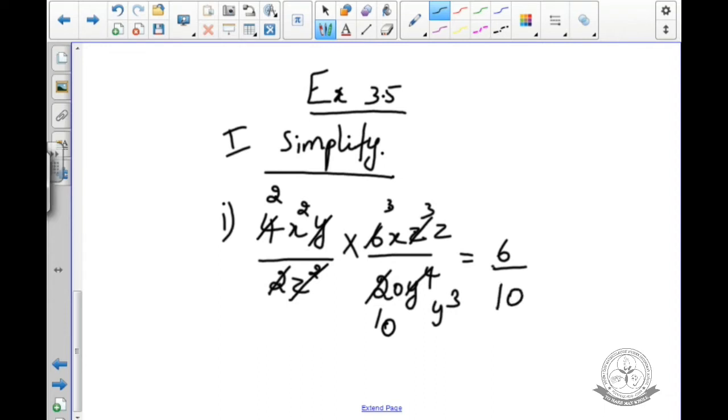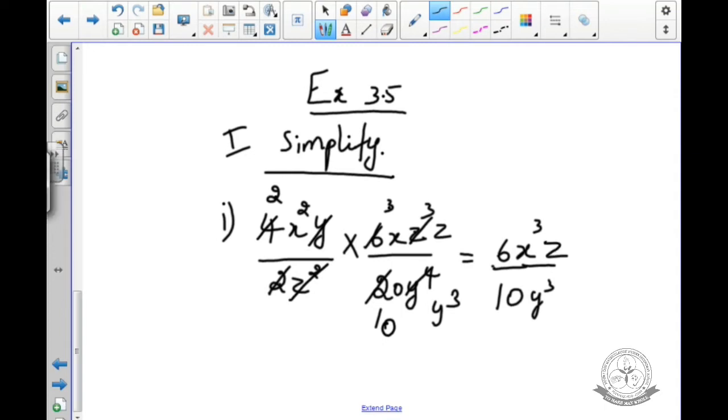For the x term, here we have x square and in the numerator we have x. If we multiply x square into x, the value becomes x cube. Then the y term, we have in the numerator alone y cube, so we write in the numerator y cube, and the z term in the numerator alone we have z.